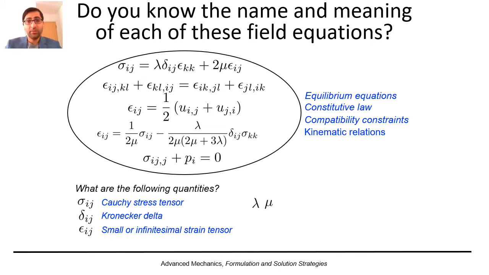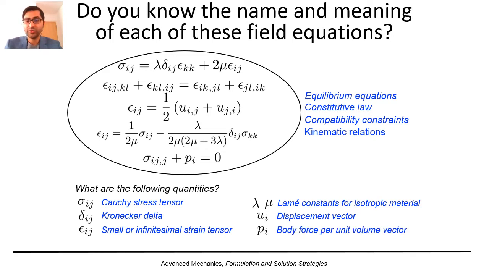We have lambda and mu, they are Lame's constants for isotropic material. We have u, the displacement vector, and p, which is the body force per unit volume vector. And you may remember that you can relate that with body forces through the material density rho.